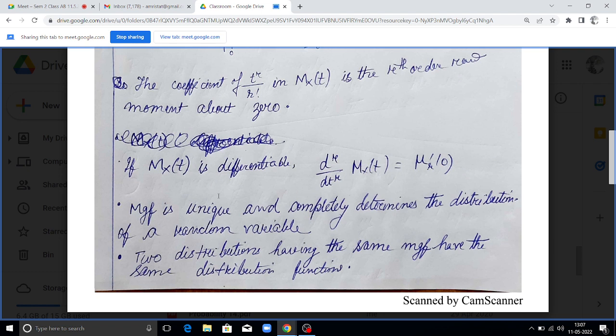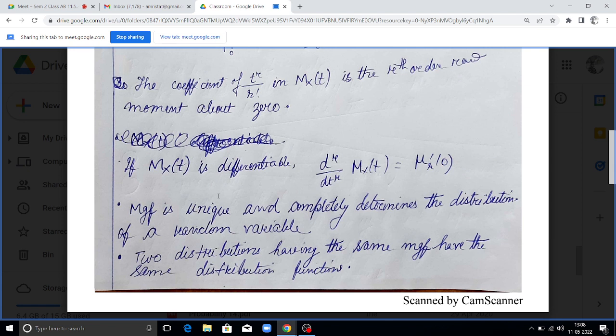Now, what is the importance of this MGF function? This moment generating function is unique. What is the sense of this uniqueness? It is unique in the sense that it completely determines the distribution of a random variable.